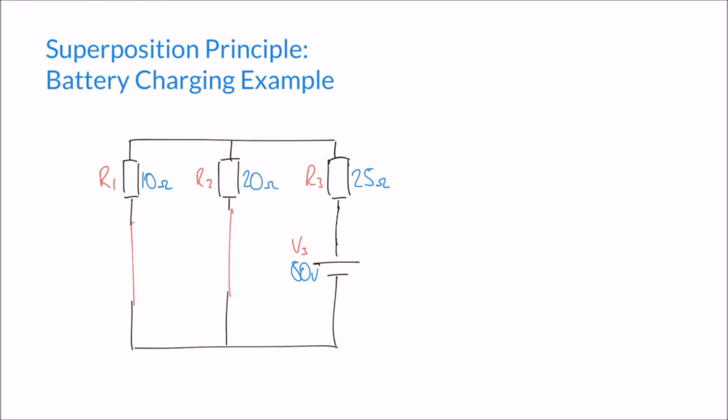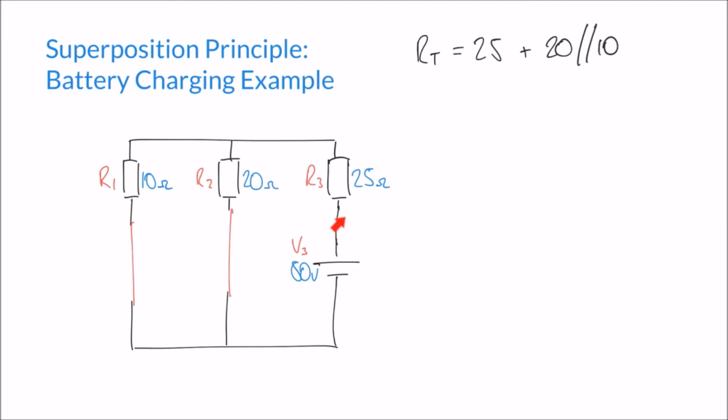We have our third circuit to evaluate, and we're going to do the same thing again very quickly. Hopefully we're getting the hang of it now, and we'll see that in this case our RT is going to be 25 plus 20 in parallel with 10.